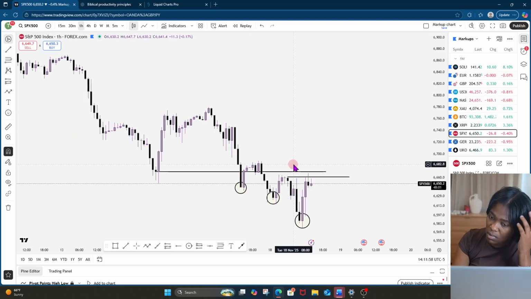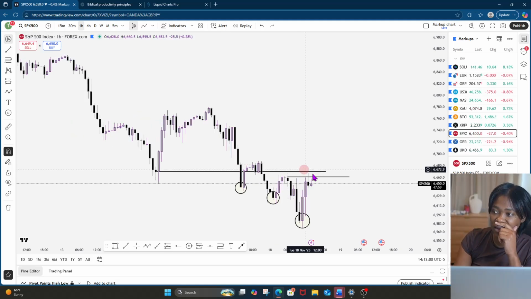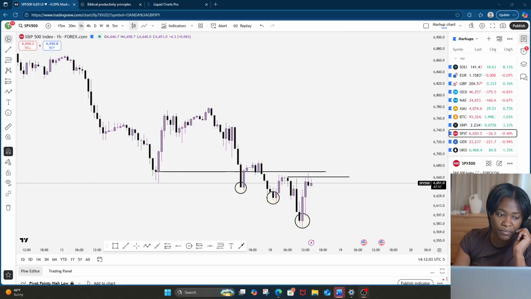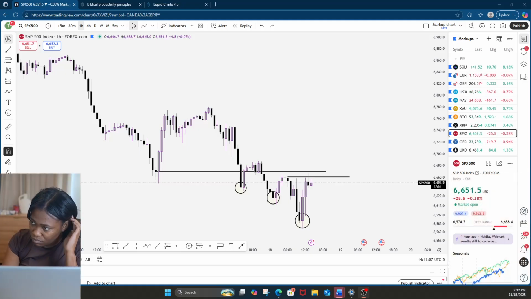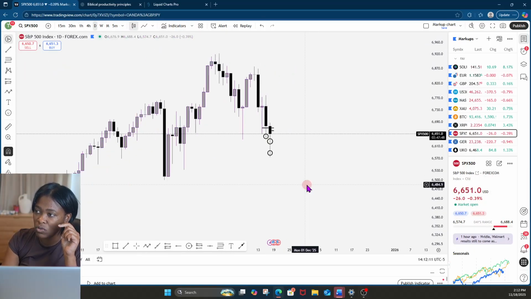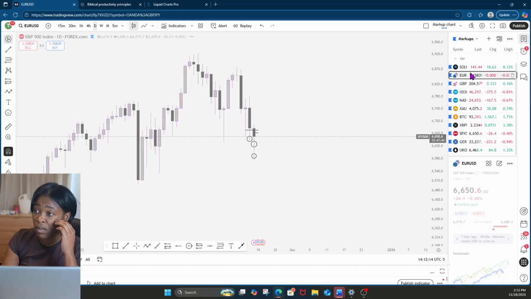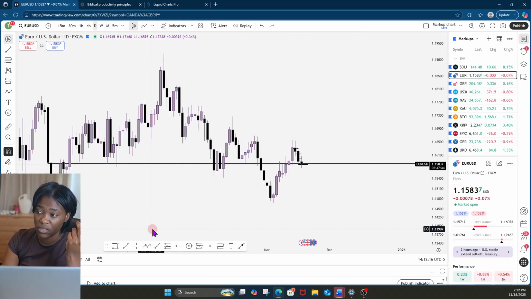So study the pair and don't trip out when you see price moving and creating that structure. Just look at the higher time frame. The daily is really good to look at. So for example, for EU, I'll show you guys what I'm looking at for EU.